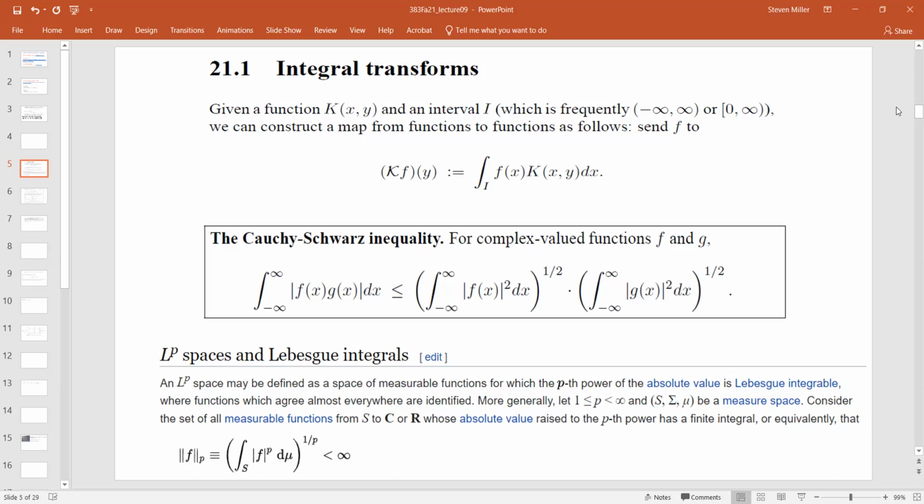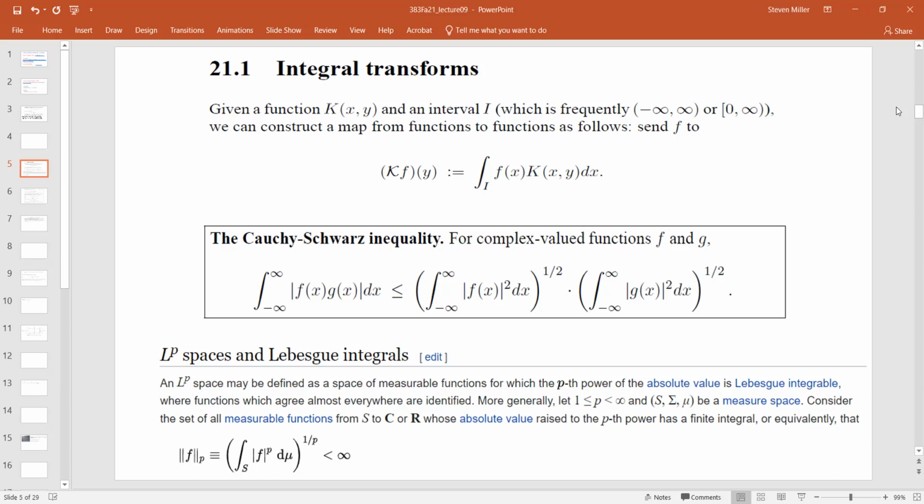A function is in L^p of some space or set S if the integral of the p-th power is finite. And in terms of just making it nice, it's convenient to take the 1 over p power of it. If you think about units, it's a nice way to be looking at things.